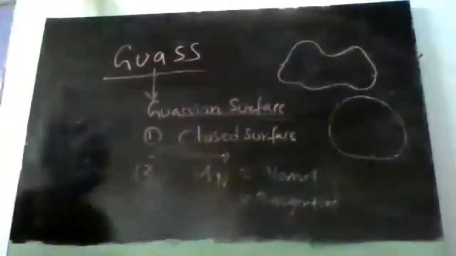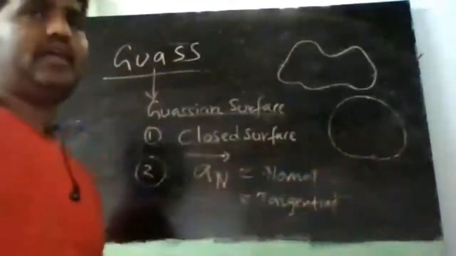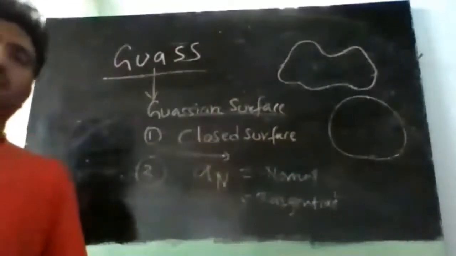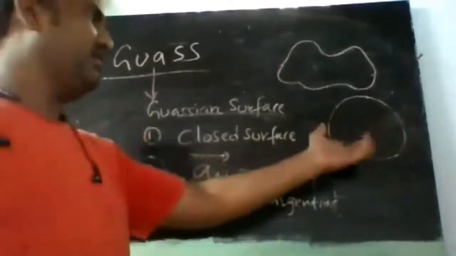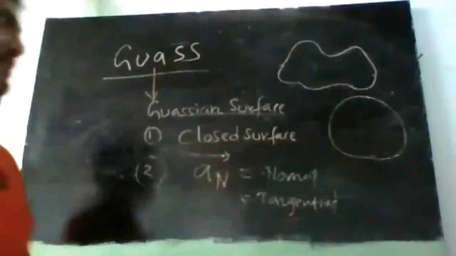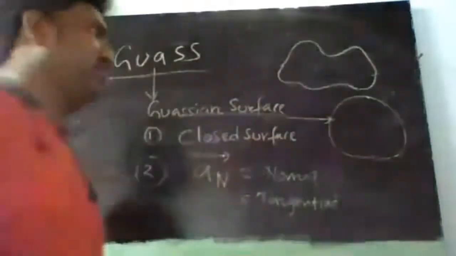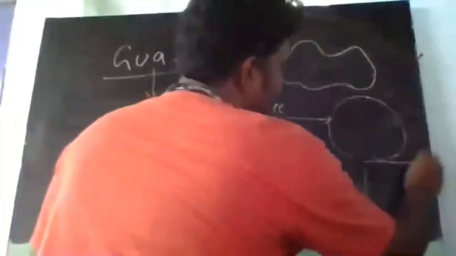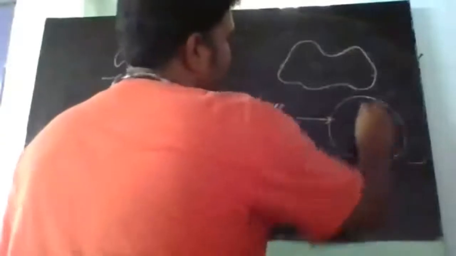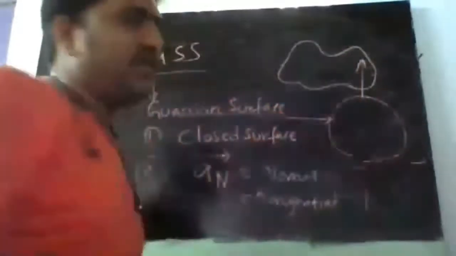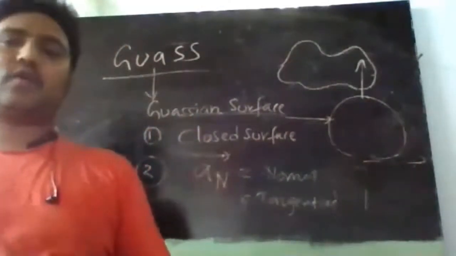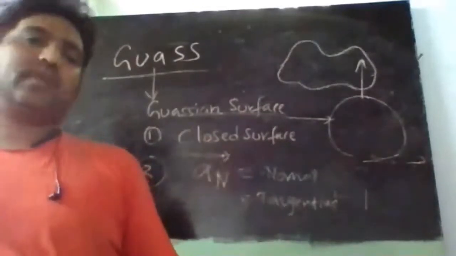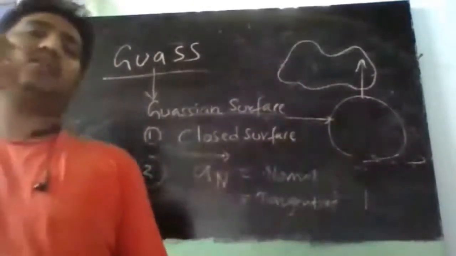Whatever closed surface we take can be called a Gaussian surface if it lies perfectly either normally to the field lines or tangentially to the field lines, like this or like this. This is what we call normal, and this way is what we call tangential. That is, the structure of the surface should be such that the field passes either normally or tangentially.